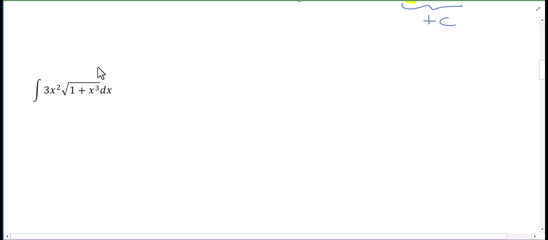When you're making a substitution, what you're really doing is changing the variable, right? It's almost like you're changing a language.